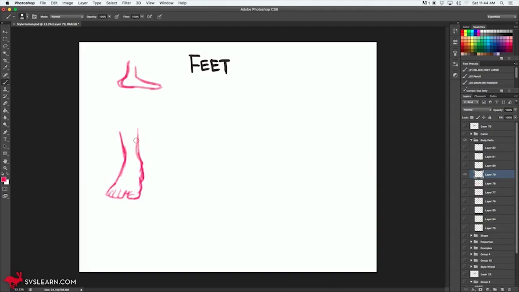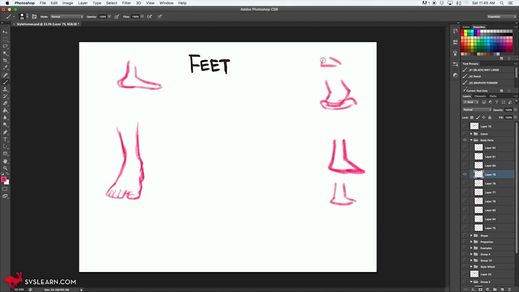But this is a foot from the front, from the more realistic side of things, the figurative side of things. And then on the other side, what's the symbol of a foot? It could be something as simple as that. If we went back to Calvin and Hobbes, I think his feet were nothing more than a thing like that.